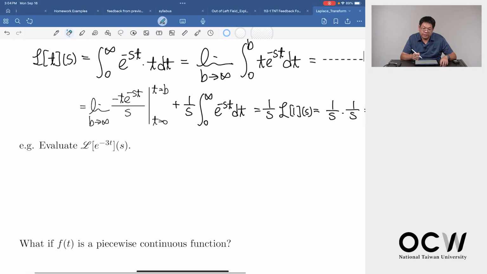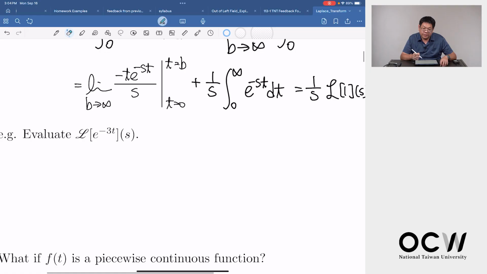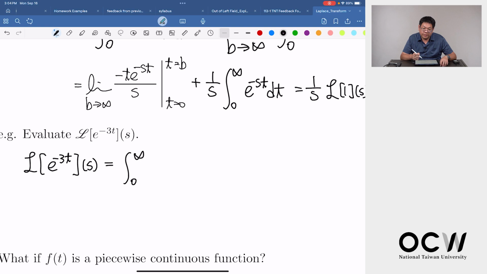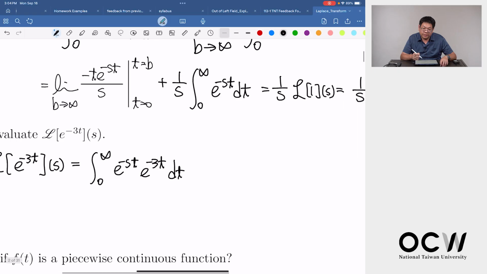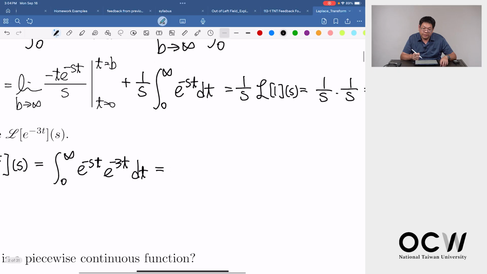Next, the Laplace transform of e to the minus 3t. That is the integral of e to the minus st times e to the minus 3t dt, which is e to the minus (s plus 3) times t dt.